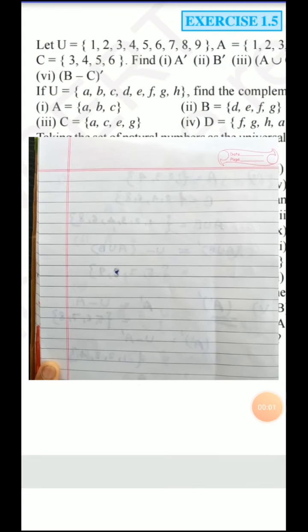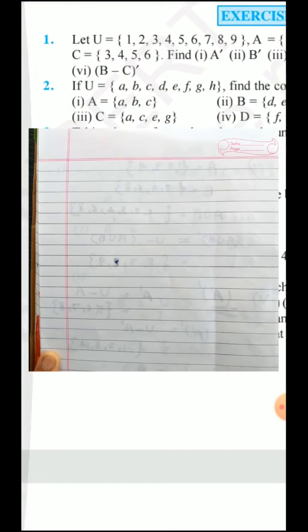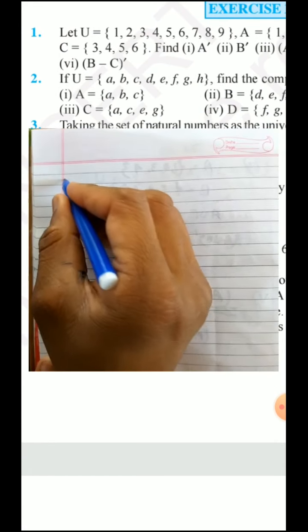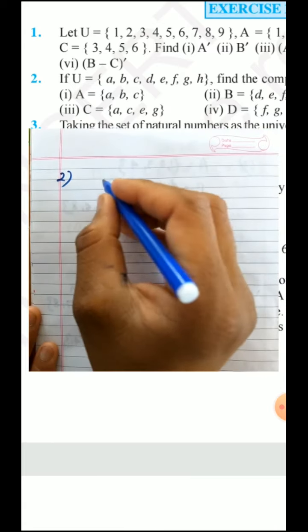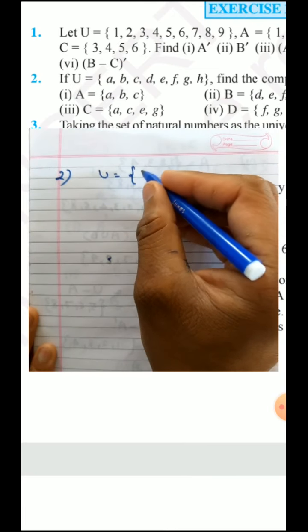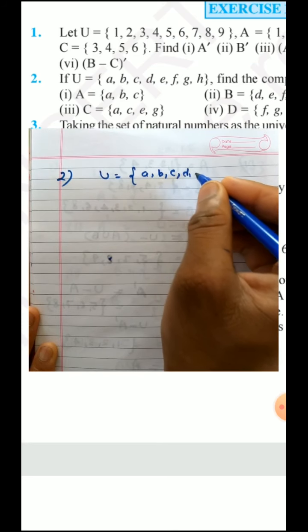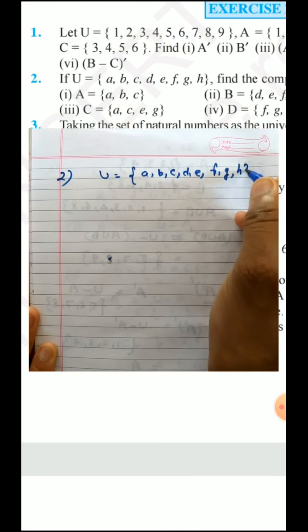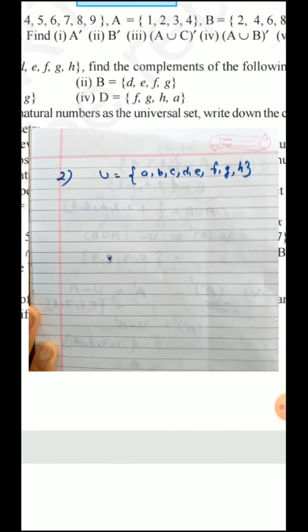My dear student, now come to exercise 1.5, question number second. You have been given a universal set U of the alphabet A, B, C, D, E, F, G, H. Find the complement of the following.